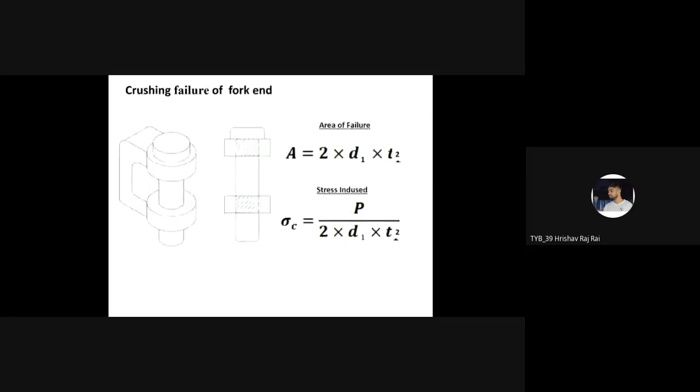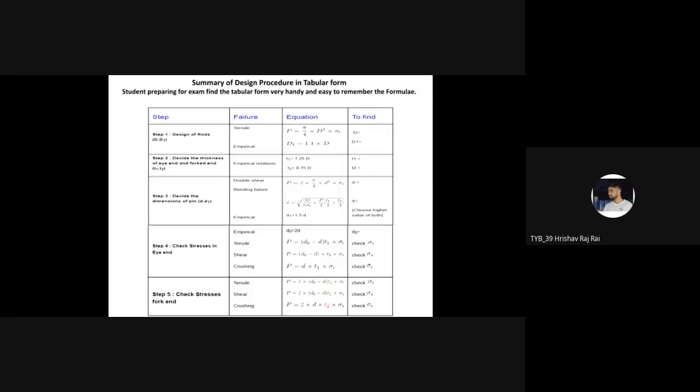Then the crushing stress value sigma c is equal to P divided by area. Area is 2 into d1, d1 is equal to small d, multiplied by t2, that is the thickness. From this, if we get the sigma c value as less than the design crushing stress value, then we say that the design is safe.